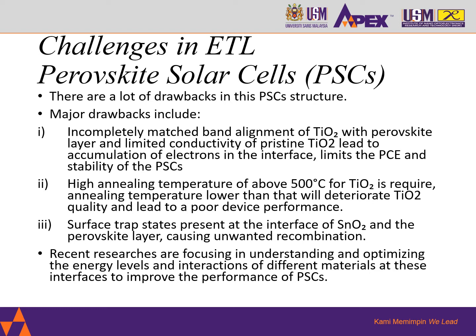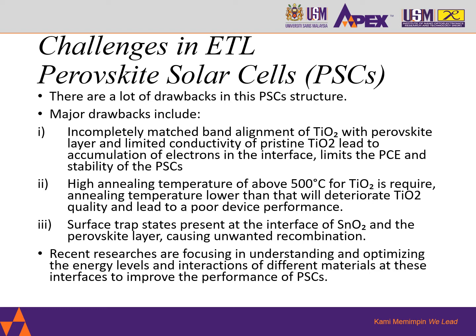The major drawbacks include incomplete band alignment match of TiO2 with the perovskite layer, and limited conductivity of the TiO2, which leads to accumulation of electrons at the interface. This will eventually limit the PCE and the stability of the device itself.